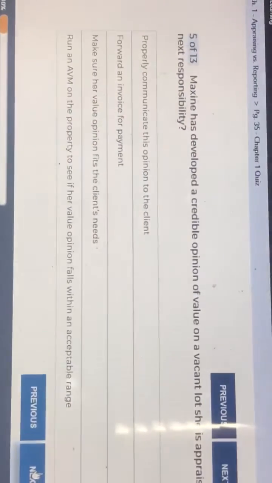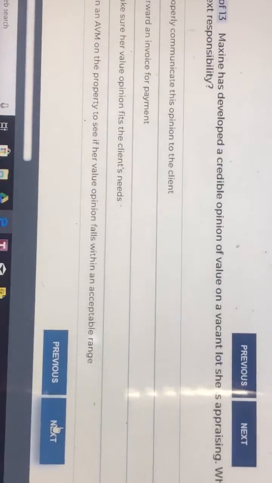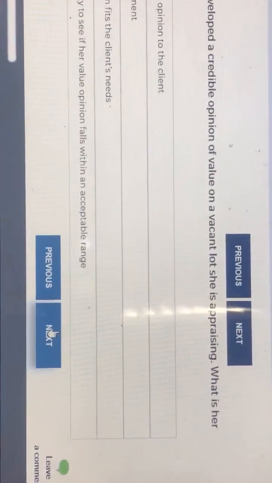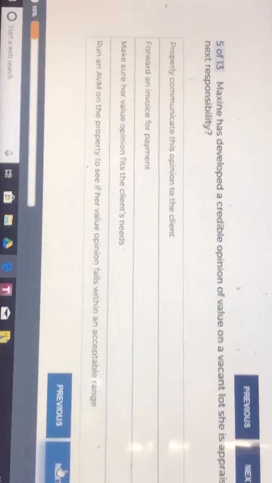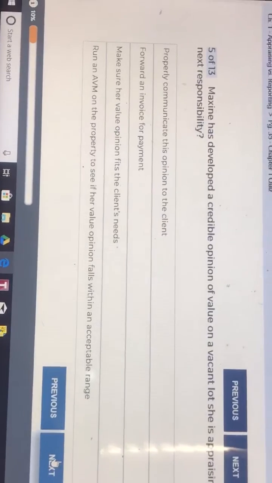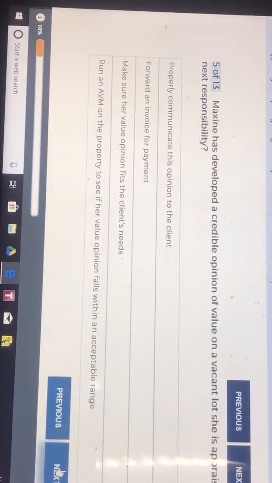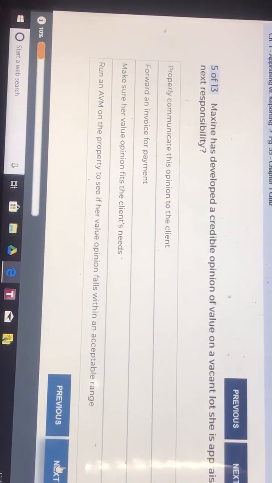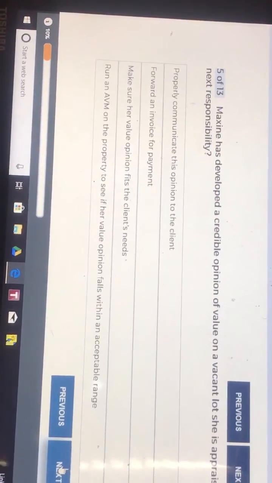Number 5, Maxine has developed a credible opinion of value on a vacant lot she is appraising. What is her next responsibility? A, properly communicate this opinion to the client. B, forward an invoice for payment. C, make sure her value opinion fits the client's needs.